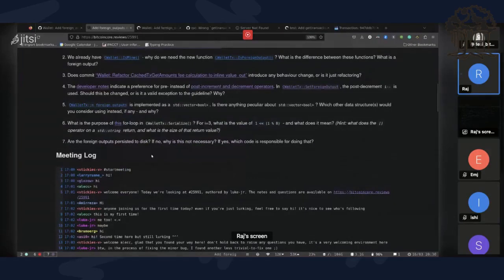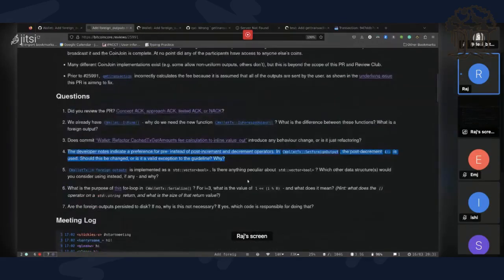Luckily, they found that it's already covered elsewhere, so it's not a behavior change. So this is another C++ question, on the standardness of the code change. The developer notes indicate that we always prefer pre-increment instead of post-increment.